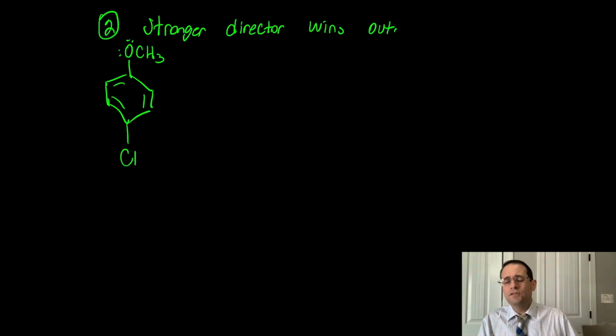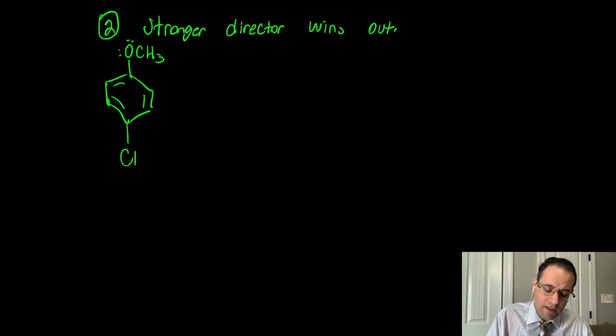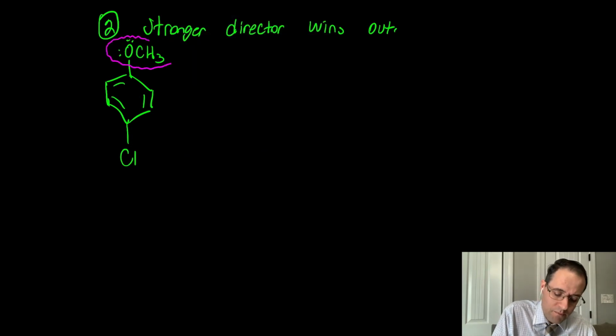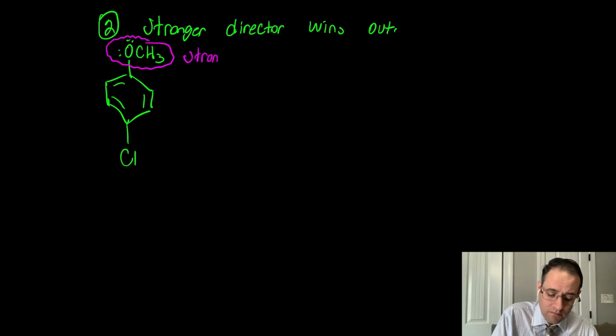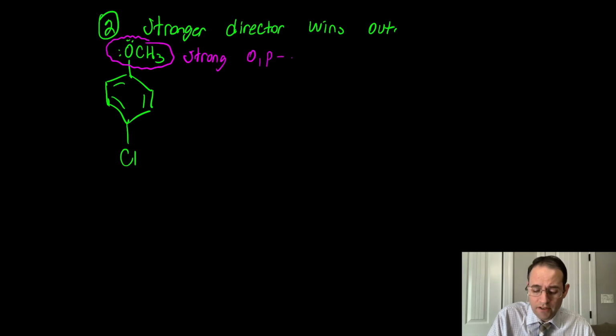Now, when you look at these two groups, they are both ortho-para directors. But when we look at the methoxy group, this is one of the strongest directing groups. So this is a strong ortho-para director.